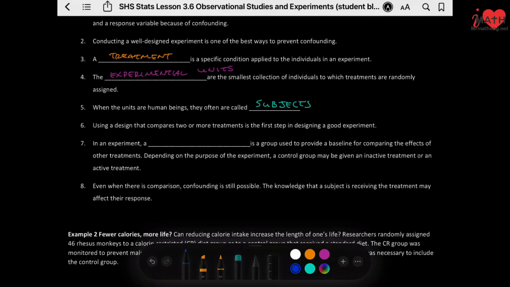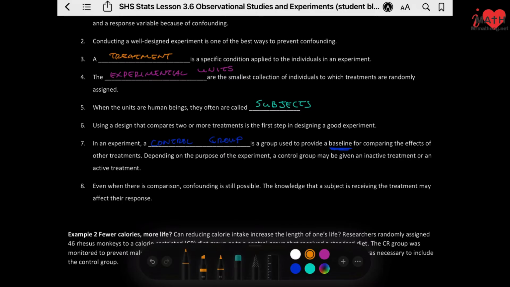In an experiment, a control group is a group used to provide a baseline by comparing the effects of other treatments. Depending on the purpose of the experiment, a control group may be given an inactive treatment or an active treatment.